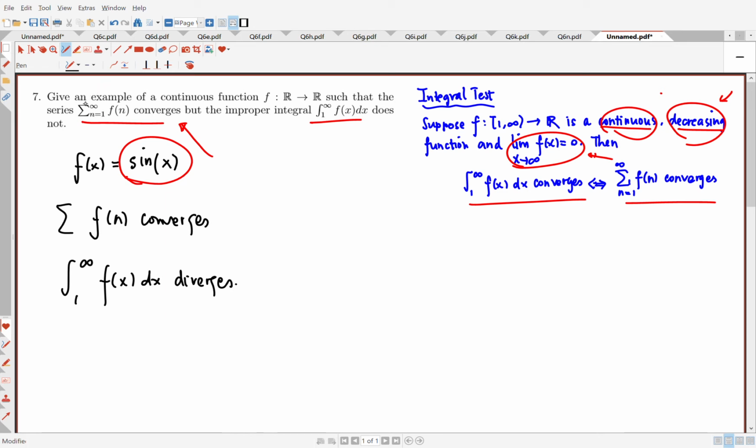So why don't we introduce a constant pi here? Because we know that sine of n pi, let me use blue color, sine of n pi will always be equal to 0.